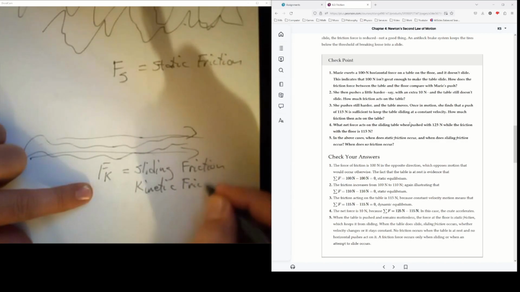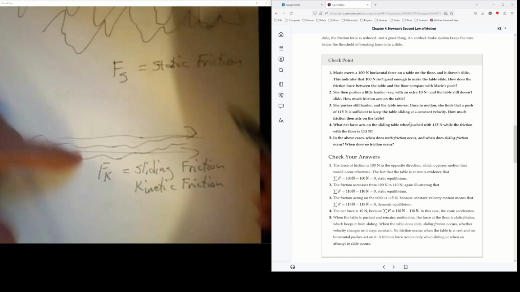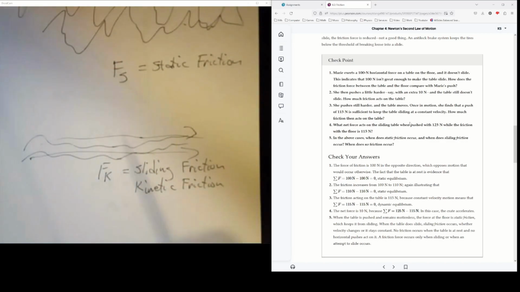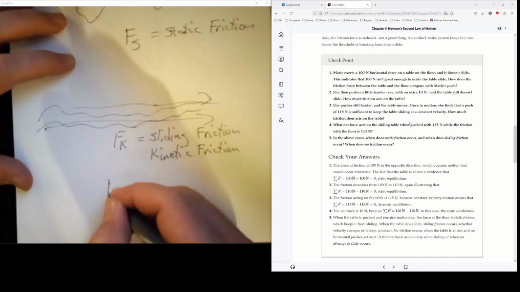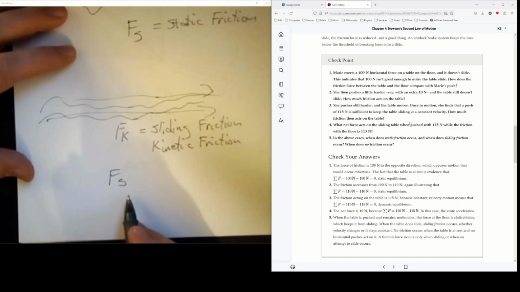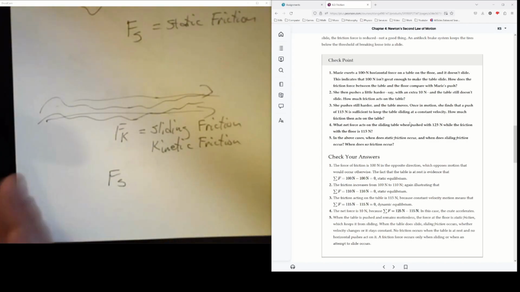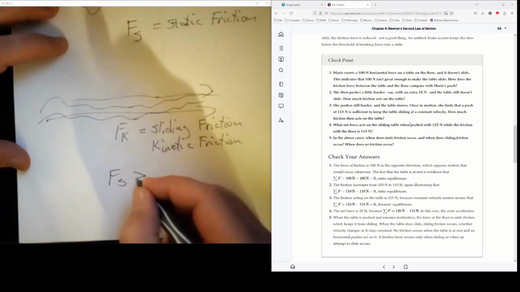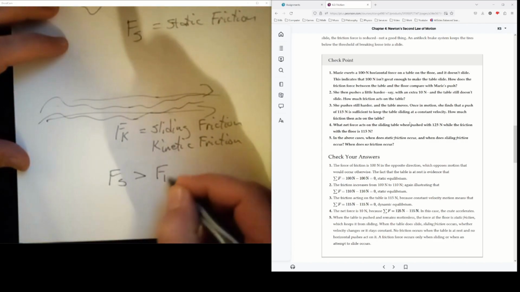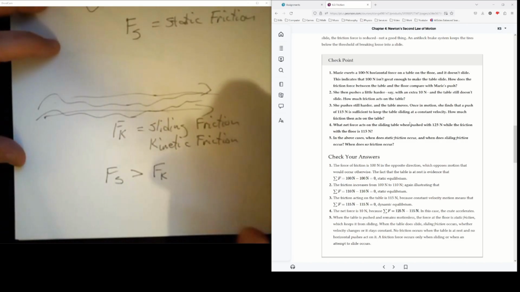Kinetic meaning something that's in motion, where static means it's not in motion here. And the static force, when things are interlocked together, that's always greater than the sliding friction.